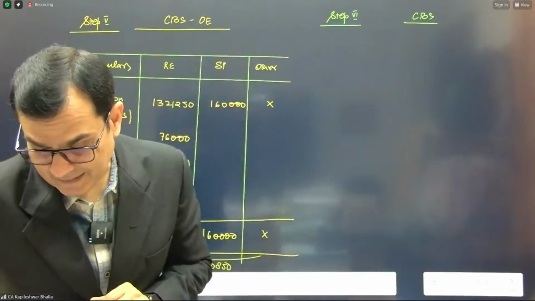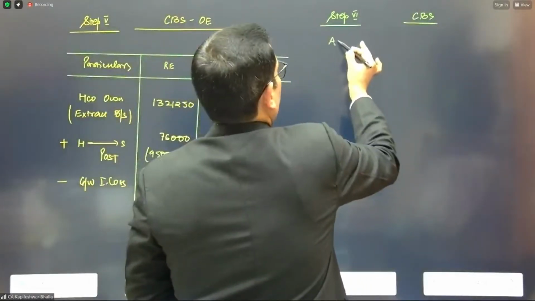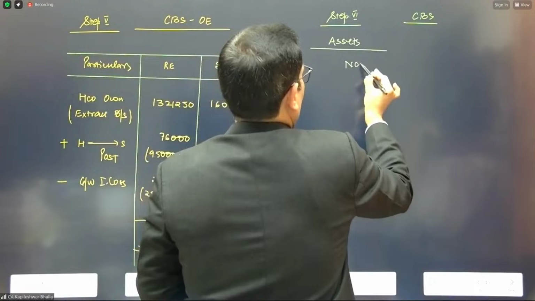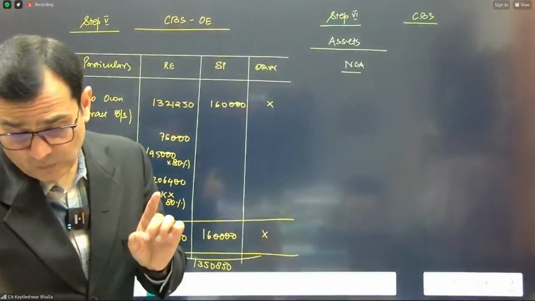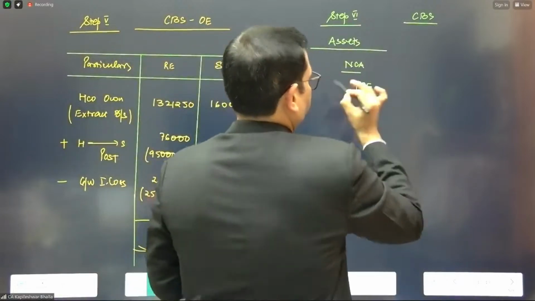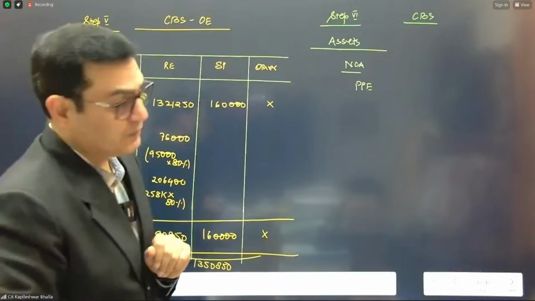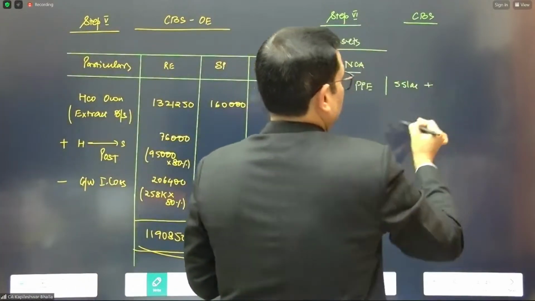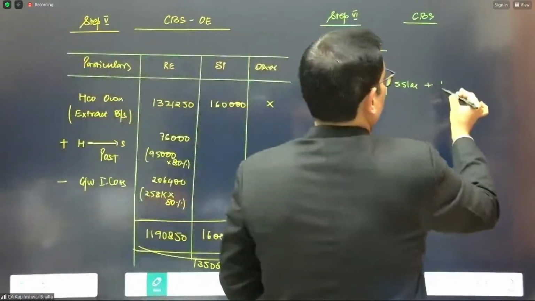Starting with the asset side of the balance sheet, and please take the extract balance sheet into account also. So your focus has to be on the extract balance sheet as well. First of all, we've been given the non-current assets, that is PPE. The parent company has PPE of 55 lakhs and the subsidiary company has PPE of 15 lakhs.